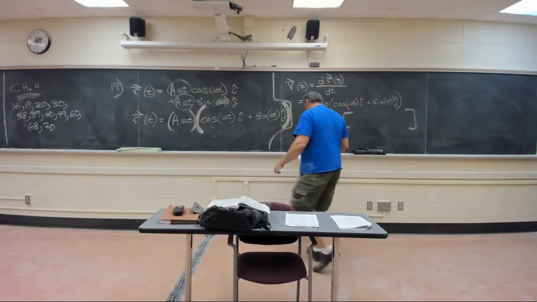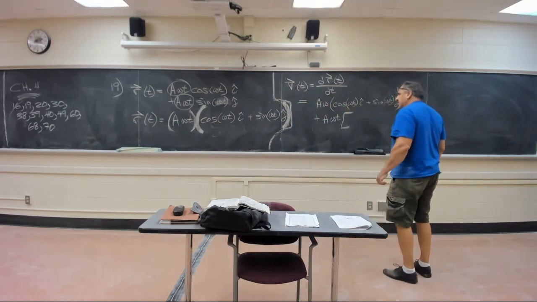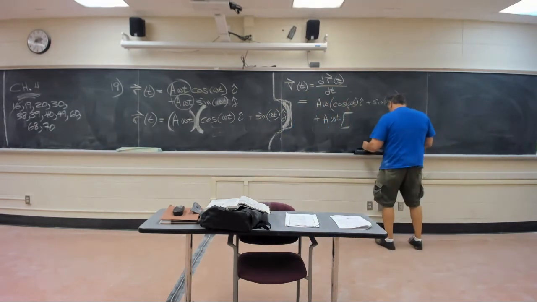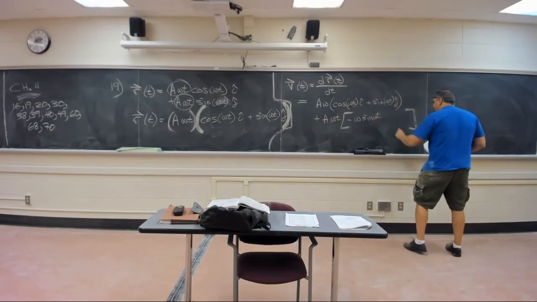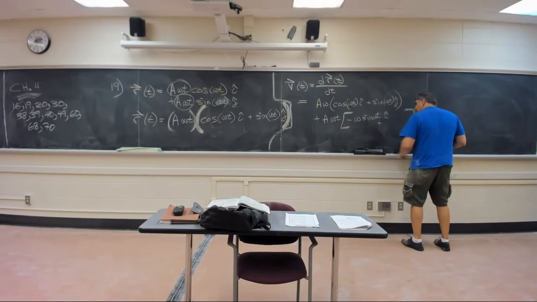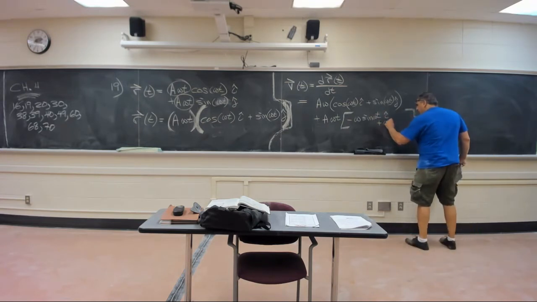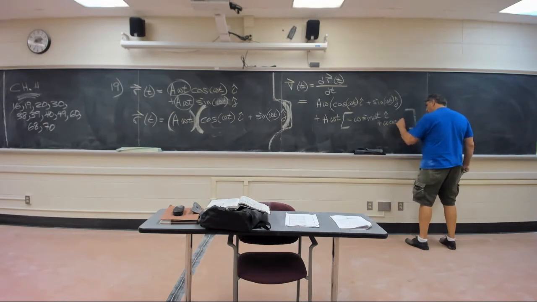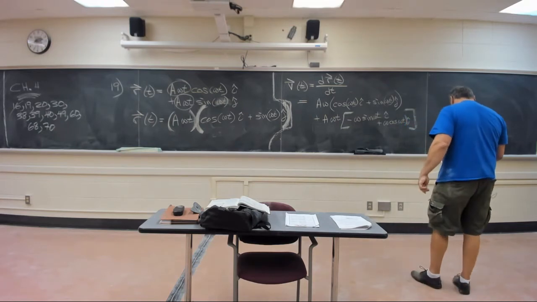But you get the derivative of this guy, and that's negative sine omega t times omega. So that's negative omega sine omega t for that one, i. And the other one is omega cosine omega t, times j.